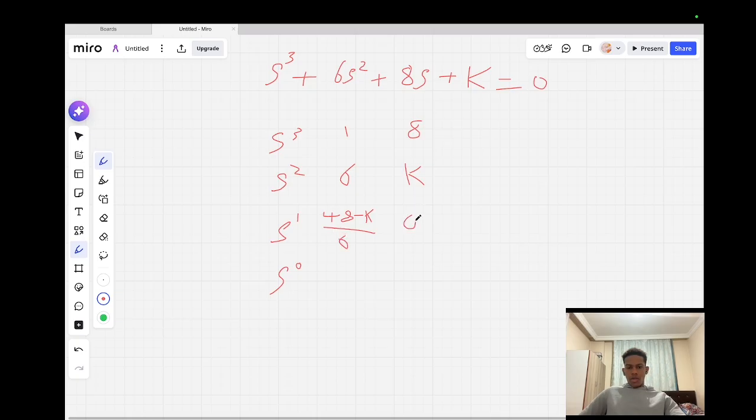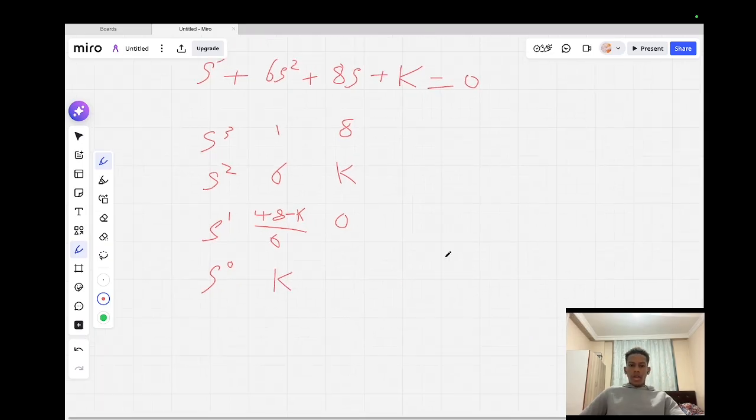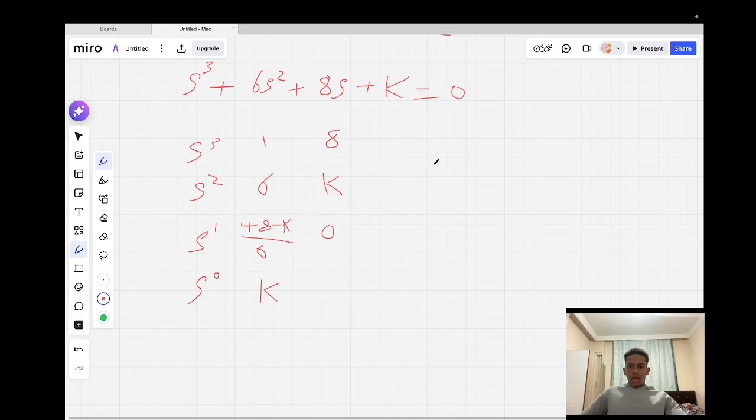And here we have 0, so directly here we have k. So k will be less than 48 and higher than 0.